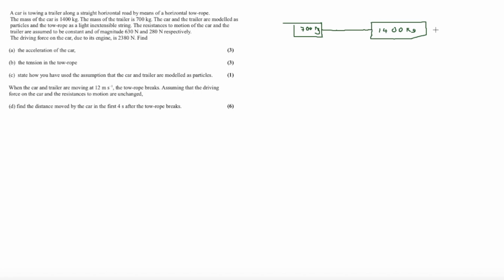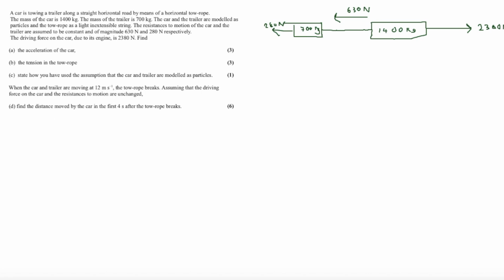The driving force is then here, and that is going to be 2,380 newtons. The resistance here is 630 newtons, and the resistance here is going to be 280 newtons. So that is our picture showing what's going on.